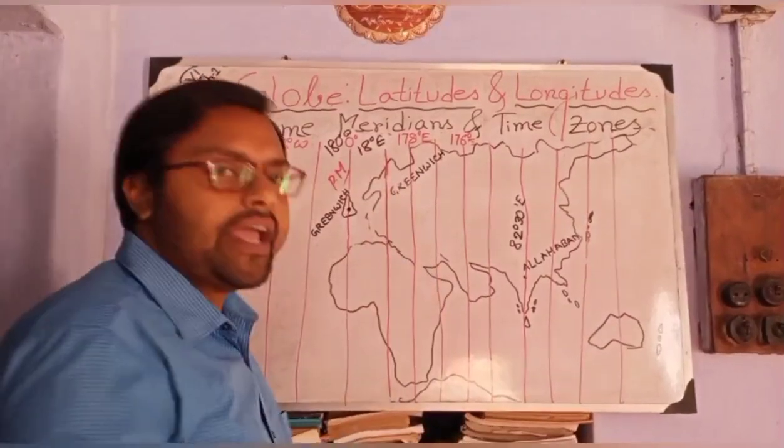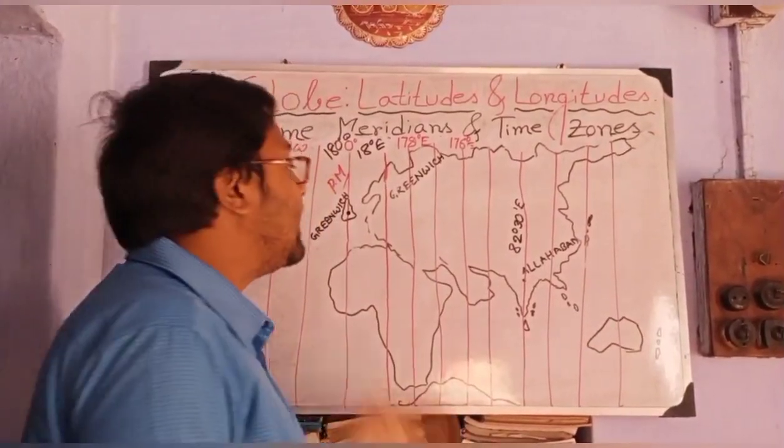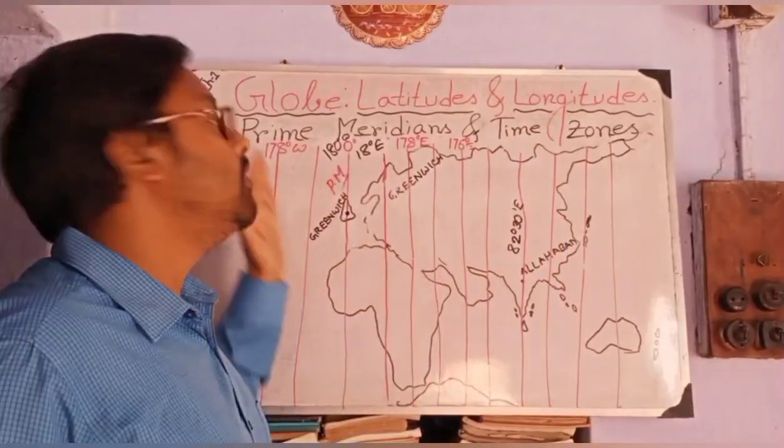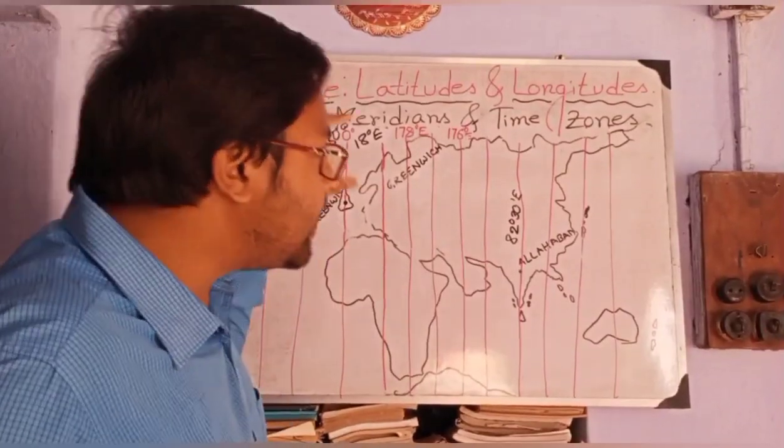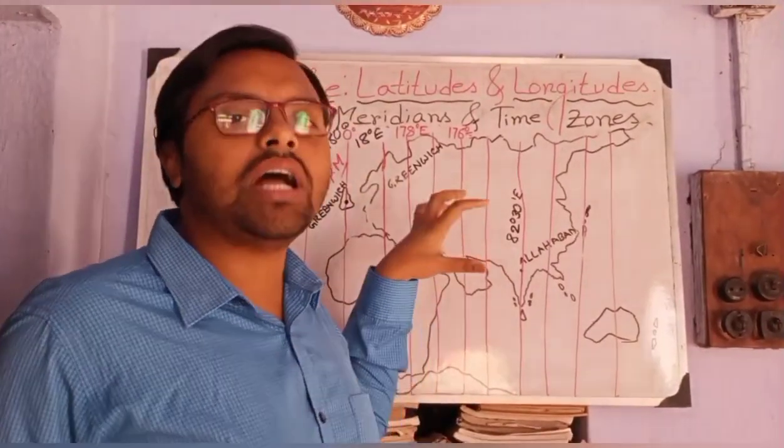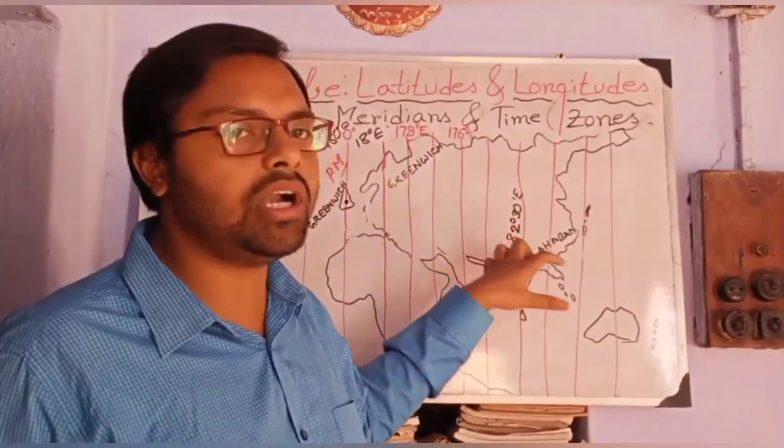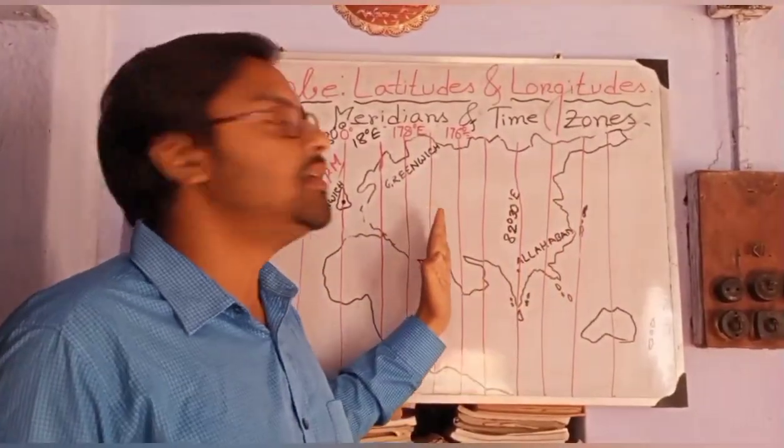This portion helps us to determine the dates or time of the world. From this zone we determine the time or date of a place of the world through the sun rays.